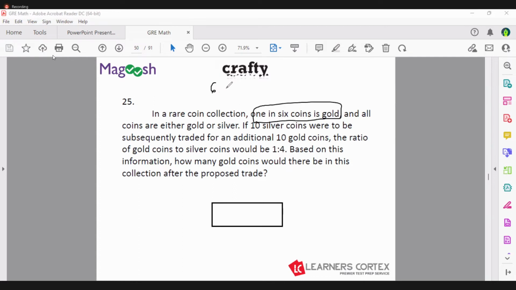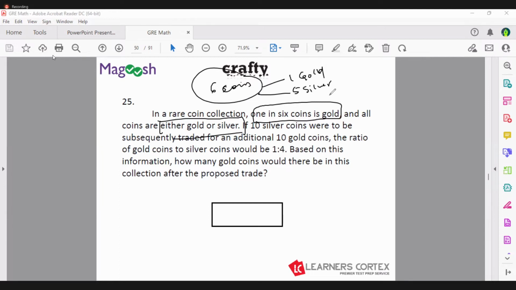If we are picking any 6 coins, out of those 6 coins, 1 is gold, and it can be either gold or silver, so the remaining have to be silver. The collection only has 2 sets of coins, either gold or silver. Say you're taking out 6 coins together. Yes, sir. So 1 would be gold and the rest would be silver. This is a consequence of that.